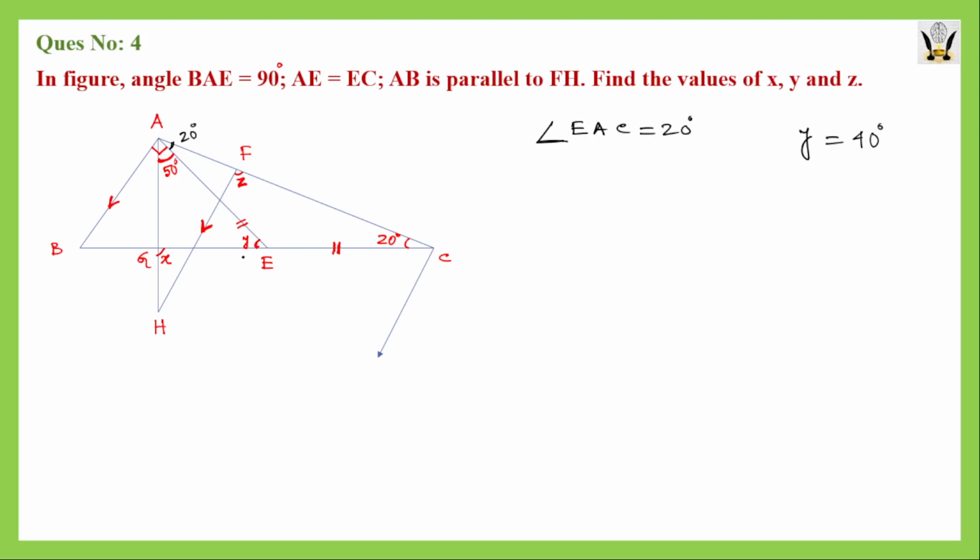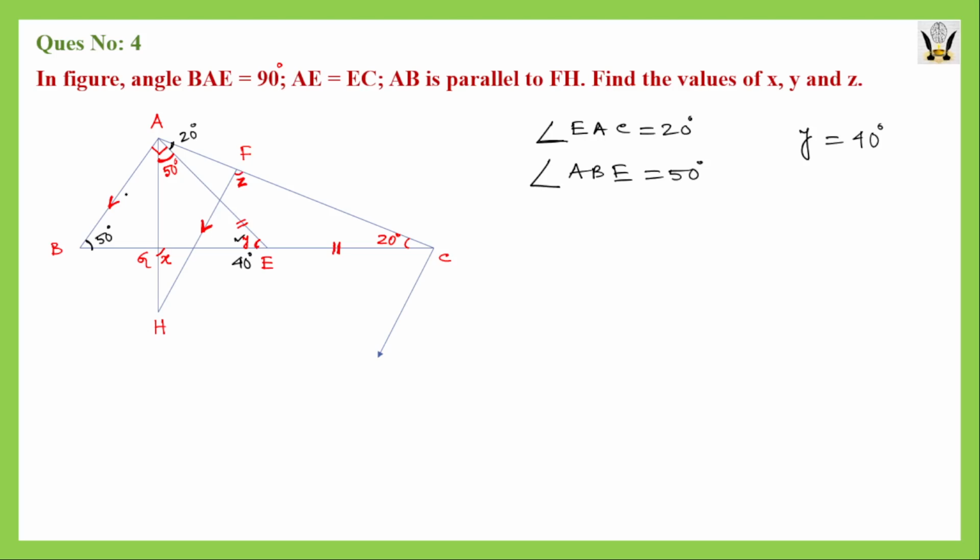So fine, the Y we have now obtained, and Z and X we need to find. Now if we consider this triangle A, B and E, this angle is given, that is 90 degrees. This angle we have already obtained, that is 40 degrees. So 90 and 40, 130. So this angle will be how much? Angle ABE will be 50 degrees. So angle ABE is 50 degrees, and what is given in the statement is AB is parallel to FH.